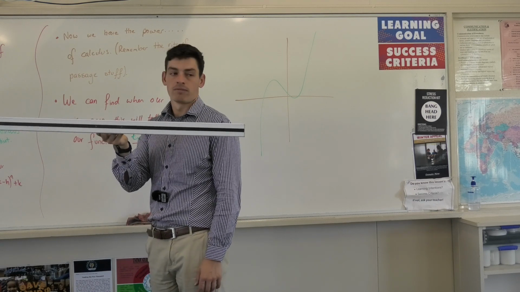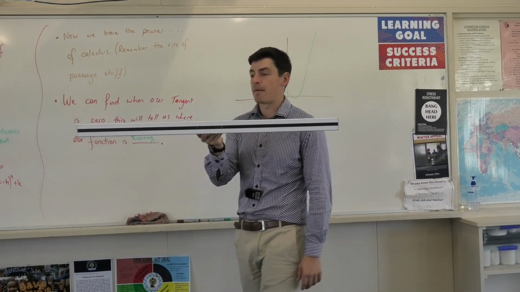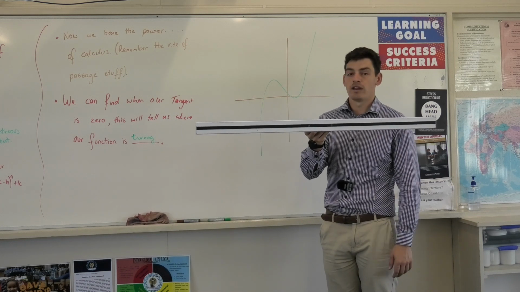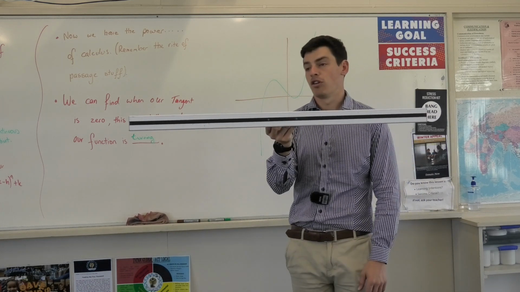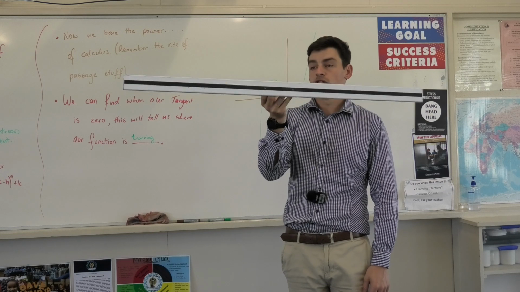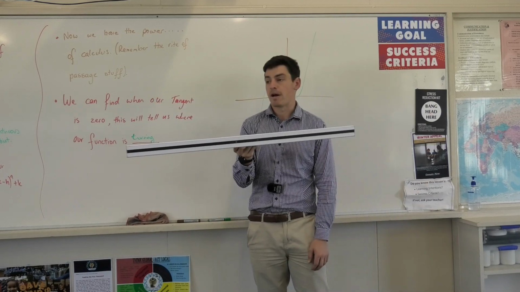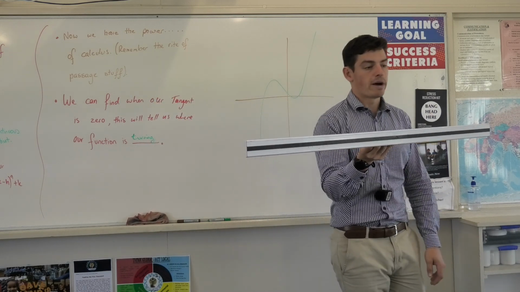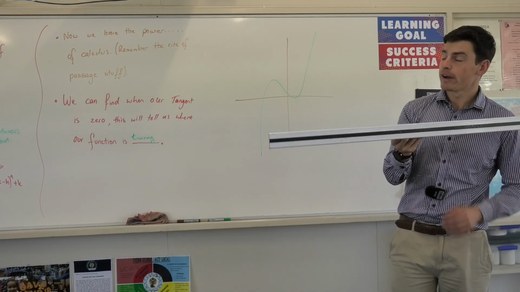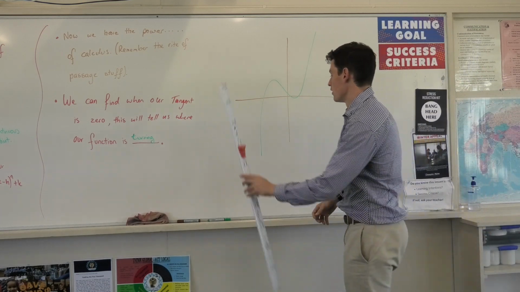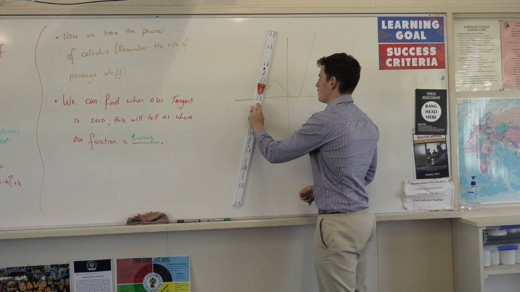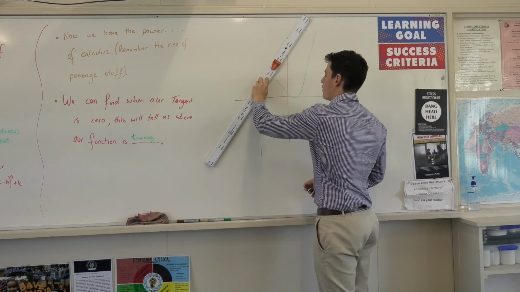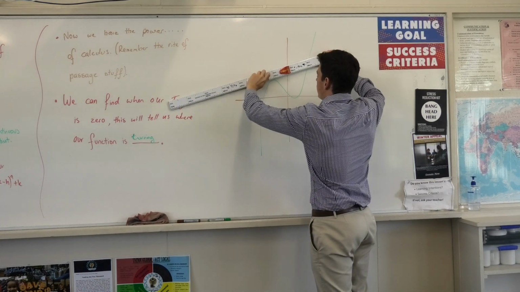Yep. Horizontal. So anytime that happens, we need to alert ourselves and put a dot on our graph. Cool? So anytime your ruler is parallel with the top of your page or the bottom of your page, I want you to put a dot like this. We keep going around.